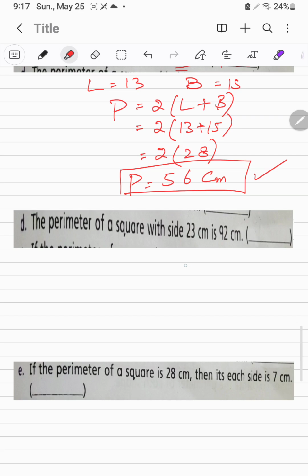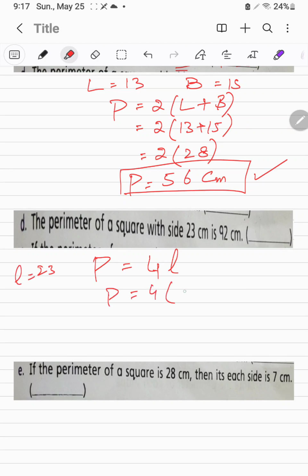The perimeter of a square with side 23 is 92. We will check this one. The formula for the perimeter of the square is 4L, and L is 23 here.